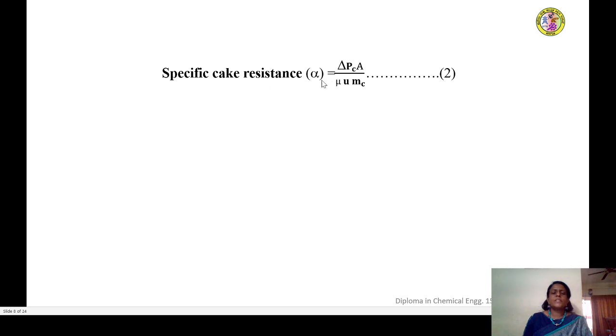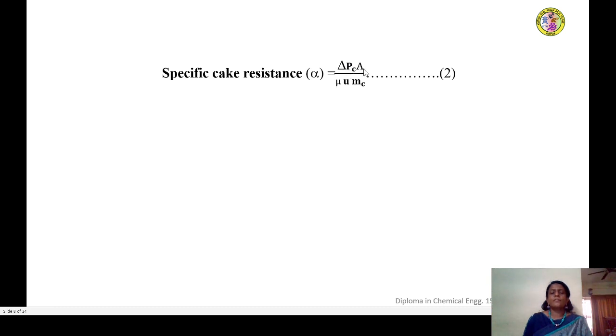So this is the equation that gives you specific cake resistance. That is the resistance offered by unit thickness of the cake. It is denoted by alpha and it is equal to delta PC A divided by mu U MC, where delta PC, as we already know, is the pressure drop across the cake.